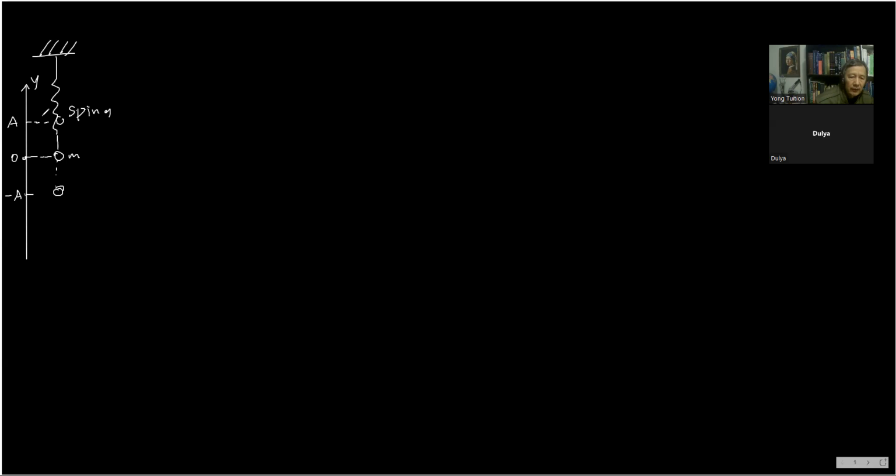If you monitor this height as a function of time and record it in another diagram, this vertical axis is y, the position of the object m, and this is the time axis. That would be 0, and that would be our maximum displacement on both sides. A is the amplitude.